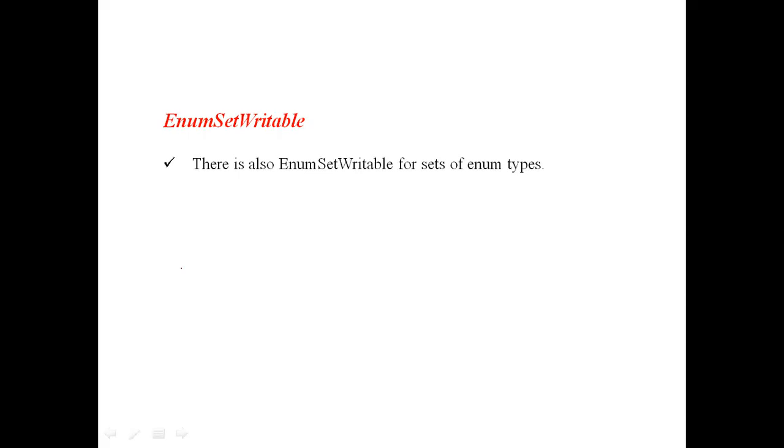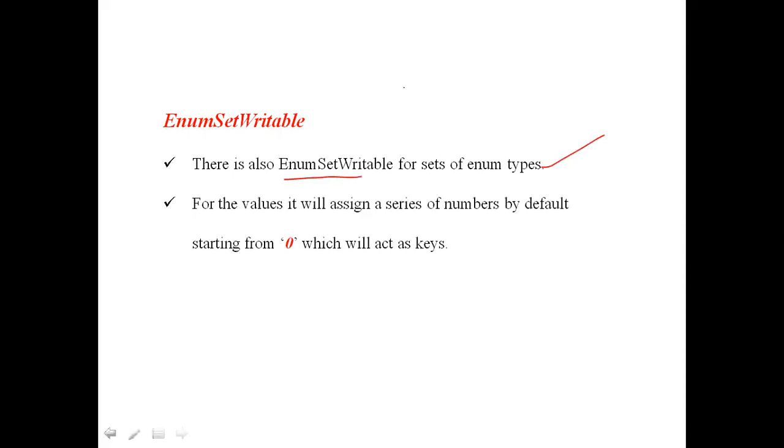There is also EnumSetWritable in Hadoop. We have the EnumSetWritable for the enumerated data type of Java. For all the values, it will assign a series of numbers by default starting from 0, which will act as keys.